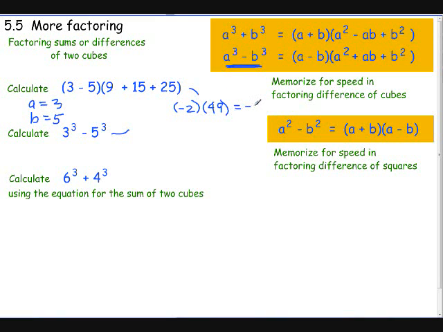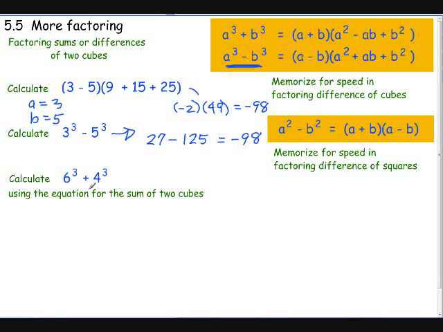So that would be a negative 98. Or I could look at it this way, which would be 27 minus 125, which also equals a negative 98.